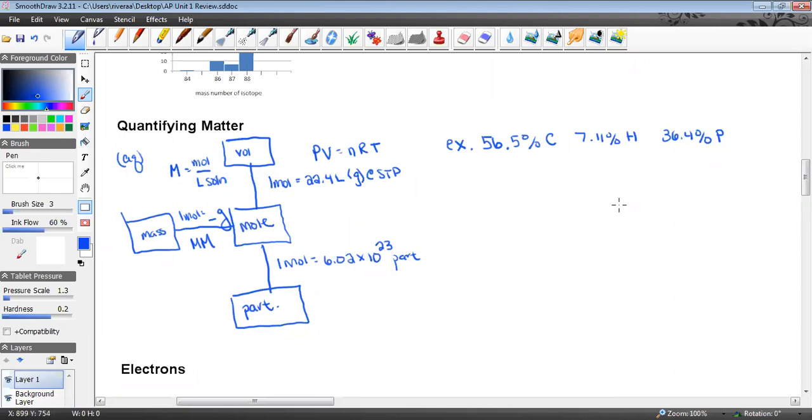And the true molar mass of the compound is equal to 170.14 grams per mole. I want to know what is the empirical formula and what is the molecular formula of that compound.